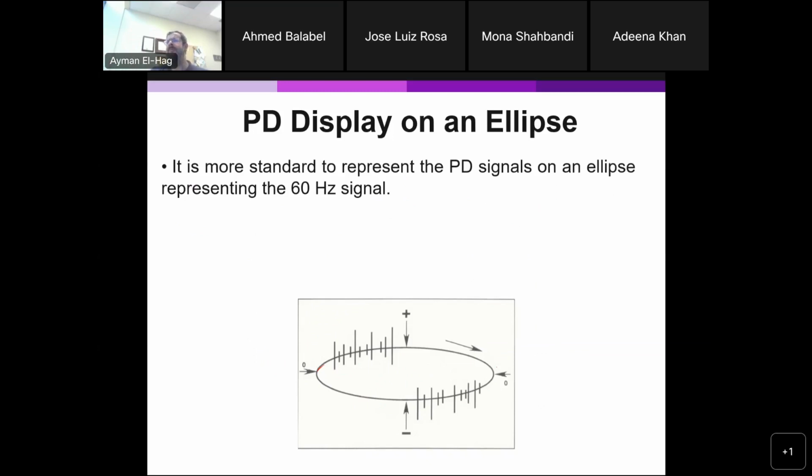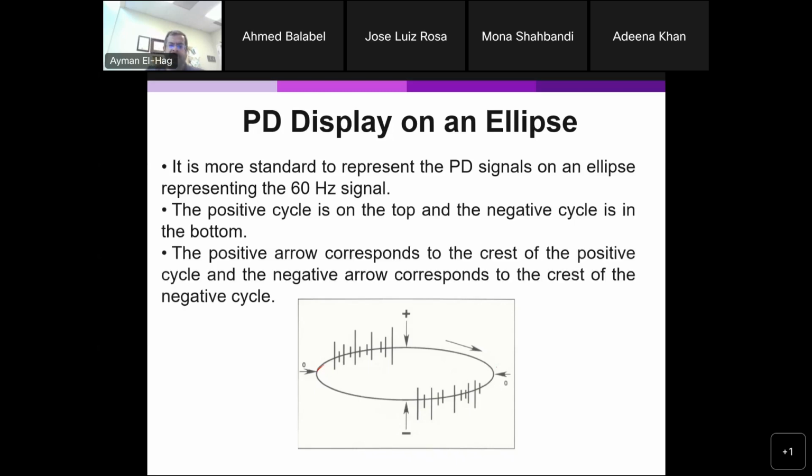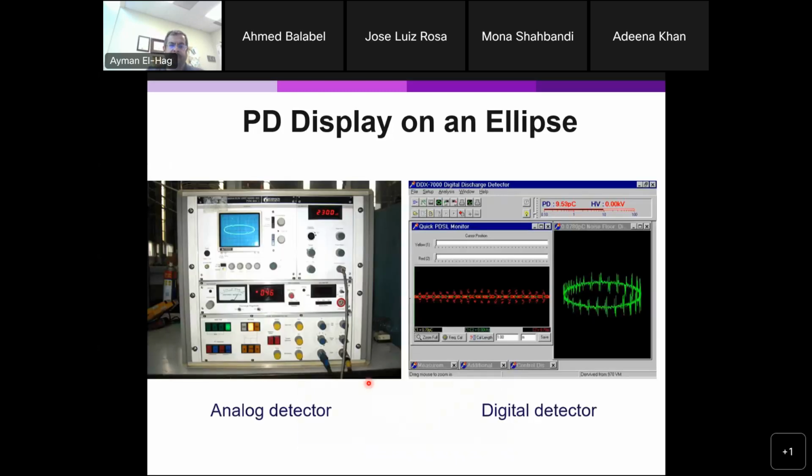Now, with the evolution of machine learning, deep learning, and artificial intelligence, there are a lot of artificial intelligence systems that can judge the type of the partial discharge. Okay, so you are now less and less dependent on human beings to tell you what type of discharge these patterns basically represent. And we will talk about one full lecture about the recent applications of machine learning to diagnose the electrical insulation systems.